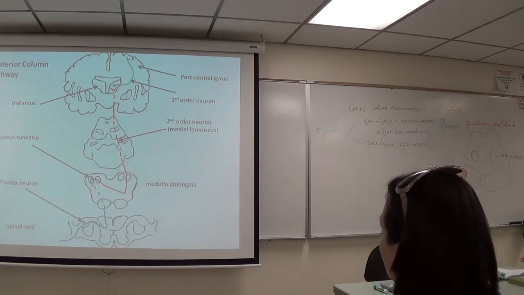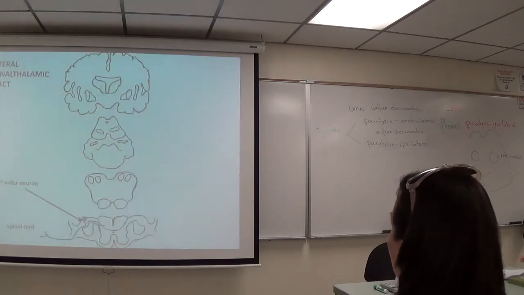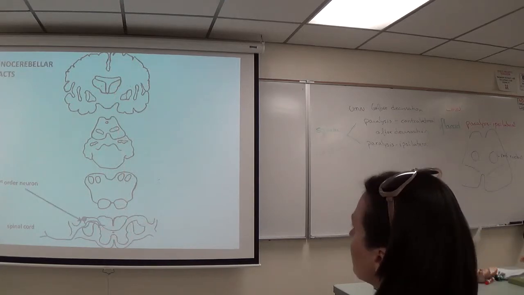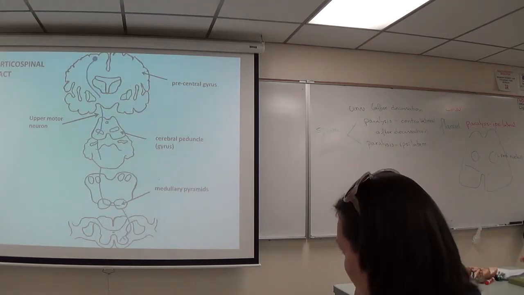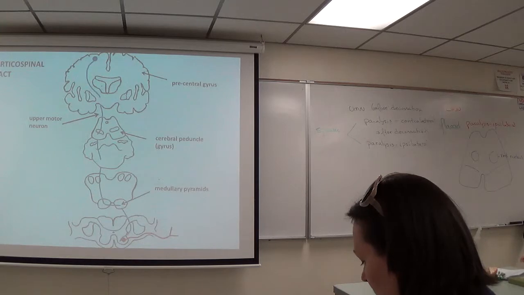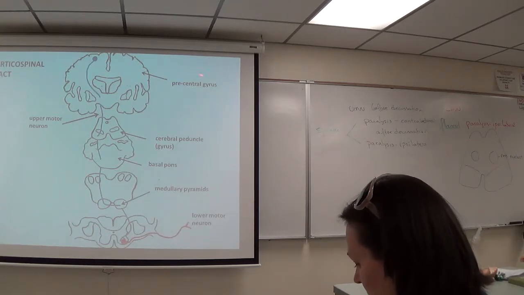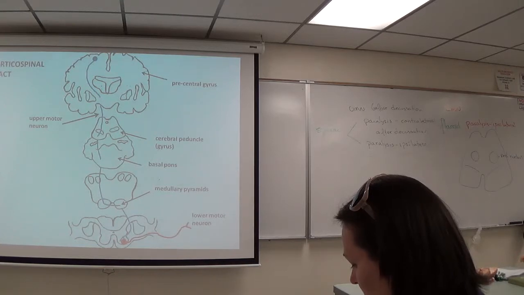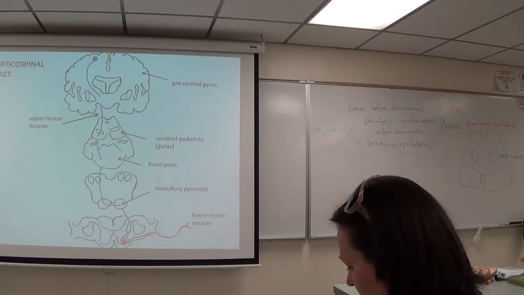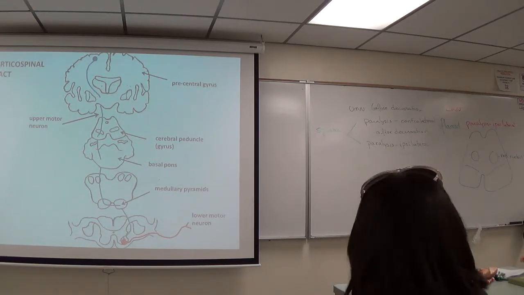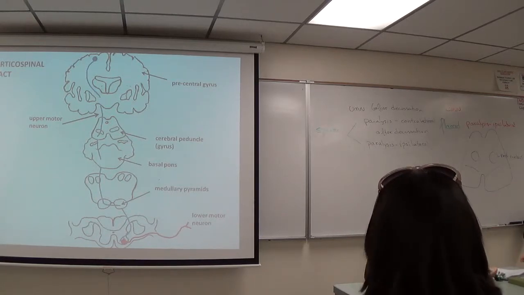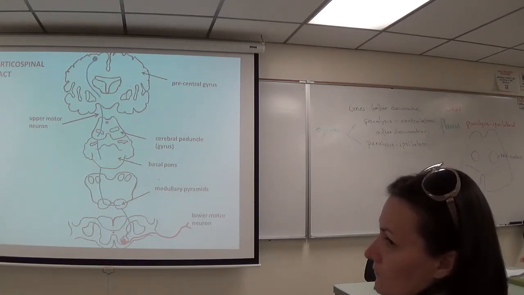Okay. So as you practice diagramming these, let's go look at the cortical spinal pathway here. Be able to identify any of these structures that I have on there. If you can't remember all those terms, they will be on that page where I have multiple choice on the pathways.